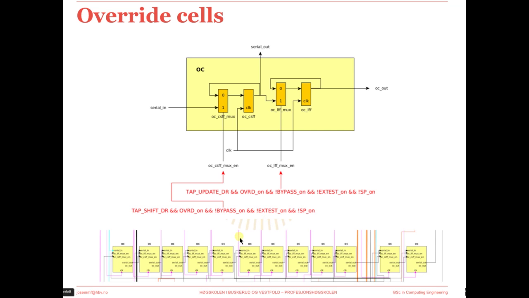Each BSC is connected to 2 override cells, 1 instruction and 1 data. The control signal is combined between the override on and that the other bypass on, xtest on is off.